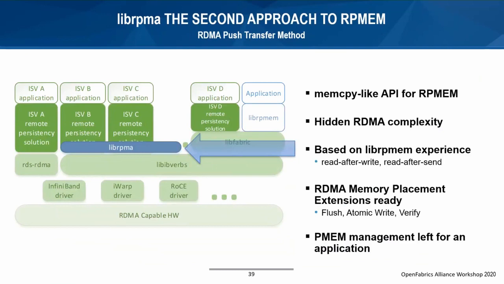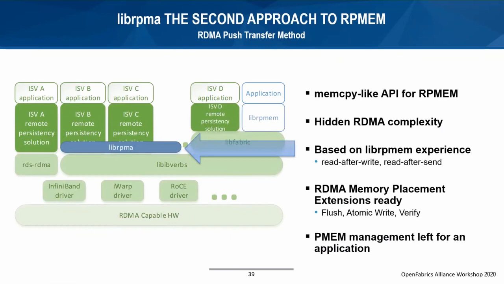We have decided to build a completely new API with a completely new library on top of the libibverbs library that will provide a memory copy-like API for remote persistent memory. Our goal is to hide everything which RDMA complexity could bring out.